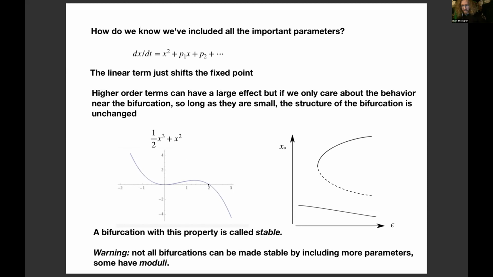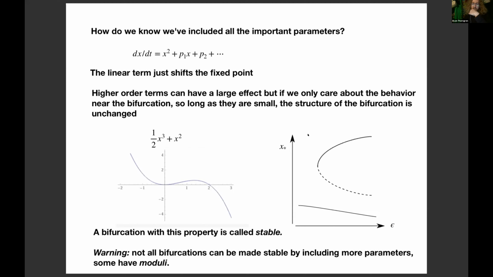If I draw the bifurcation diagram, here I wrote epsilon, but I was calling it P before, or here it's P2. Our parameter is going to be a constant shift here. And what happens is, for maybe minus P here, for this part of the diagram, we have 3 fixed points, sort of cutting this curve here, here, and there.